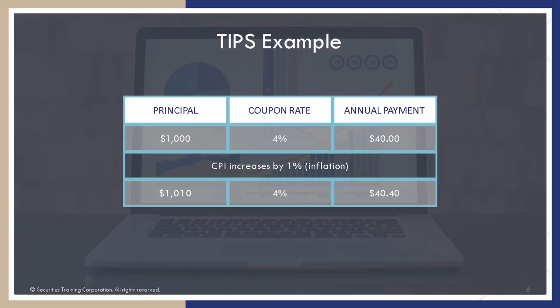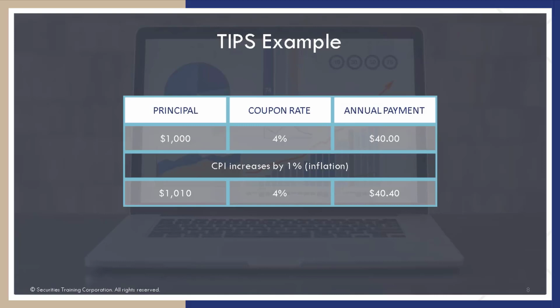Now, if inflation went up at 2% the next year, then that principal would be adjusted from $1,010 up by 2%. So the principal gets adjusted for the rate of inflation. Then the coupon of, in this case, 4% is multiplied by that new principal amount to give you your annual payment.